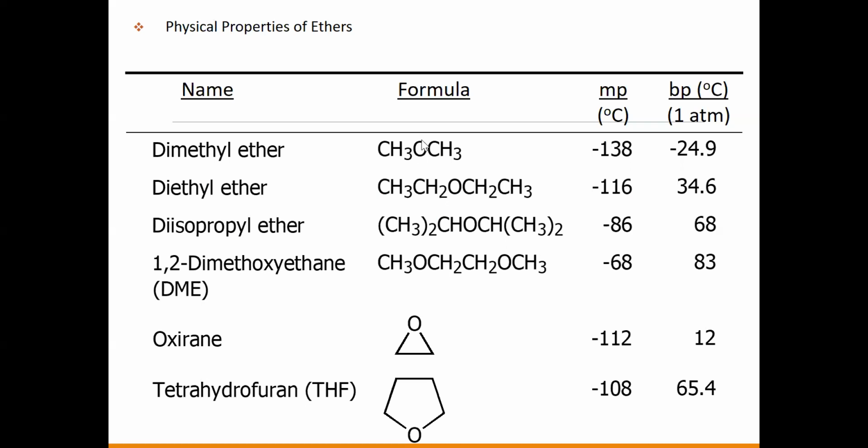So the oxygen atom, being partially negative, would exhibit hydrogen bonding with water, having hydrogen that is partially positive. Between the oxygen and hydrogen atom there will be a hydrogen bond interaction, and that would allow the ether to be miscible or soluble in water.